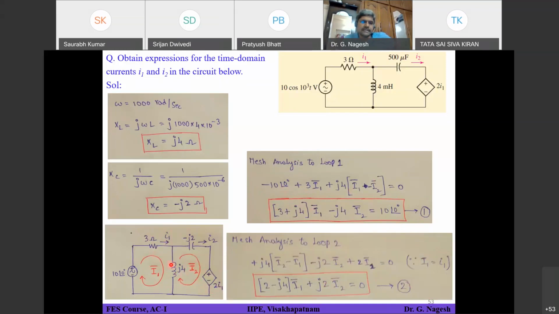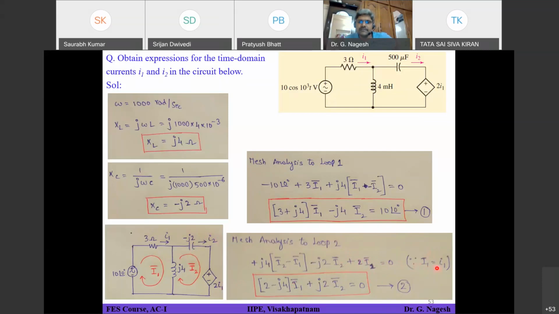I2 is going in the upward direction, I1 is coming down. Then minus j2 into I2 as it is, plus 2 into the phasor current I1, equals 0.